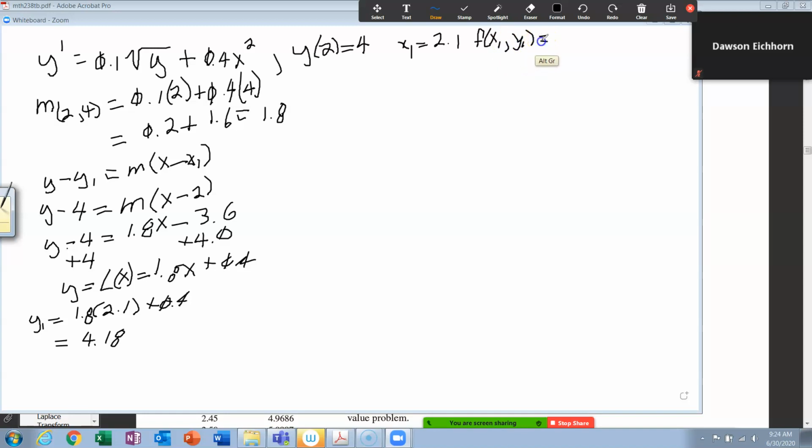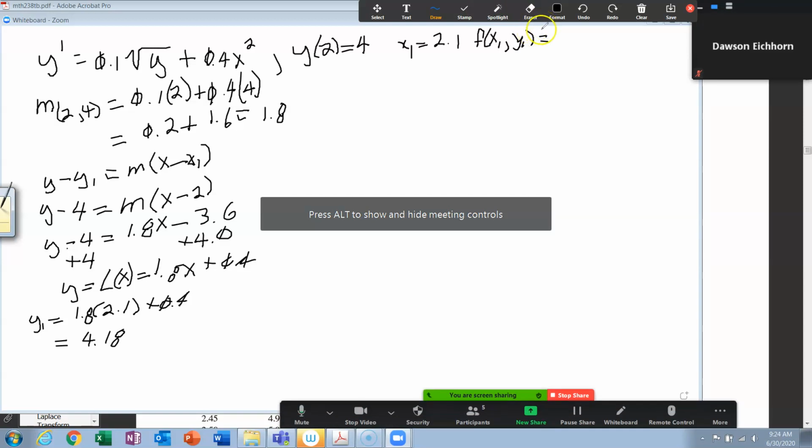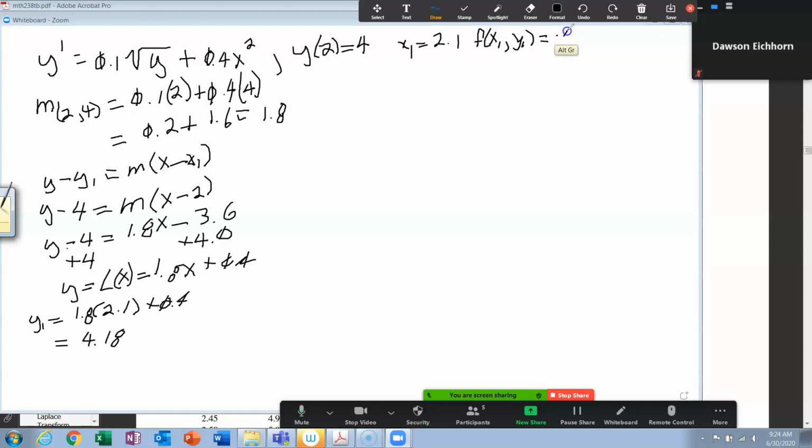We have to figure out what that slope is, f of x1, y1. This is f of 2.1, comma, 4.18, because that was your y1.